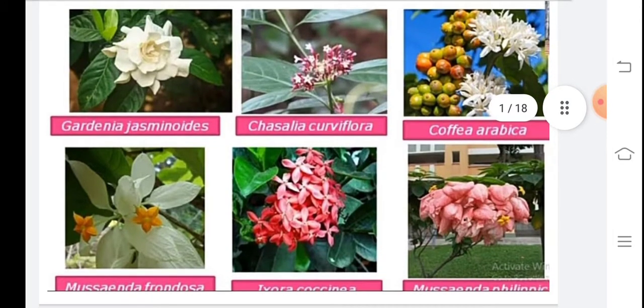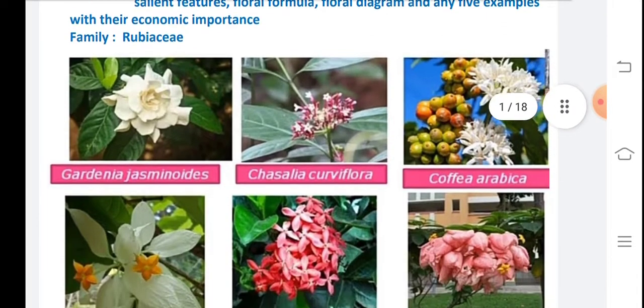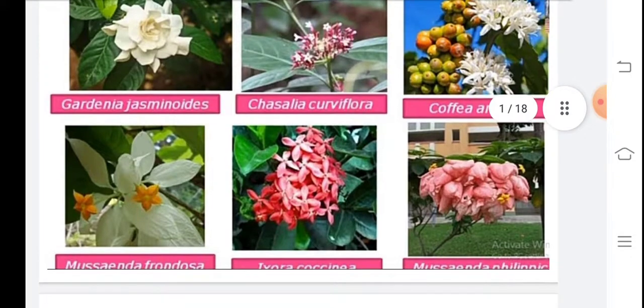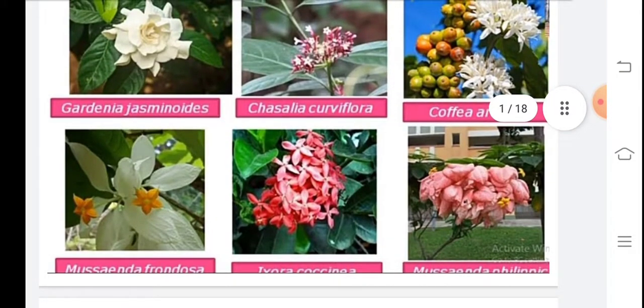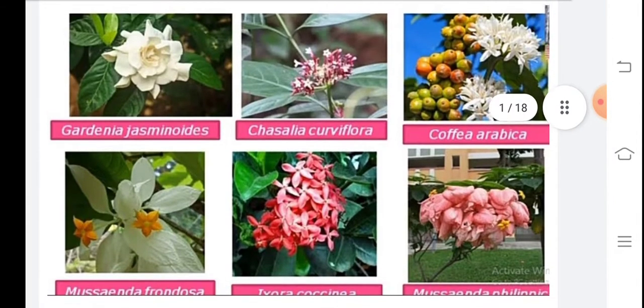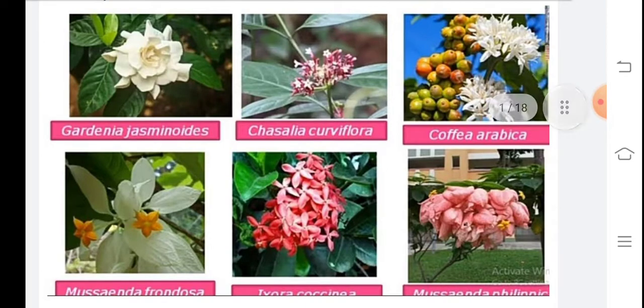So these are the good photographs of family Rubiaceae. The good example here, you are observing the photograph from the lower side, central one, Ixora coccinea. It is a good example. It is in our campus. Then above it is the Gardenia jasminoides. That is in Marathi called as a decamely.